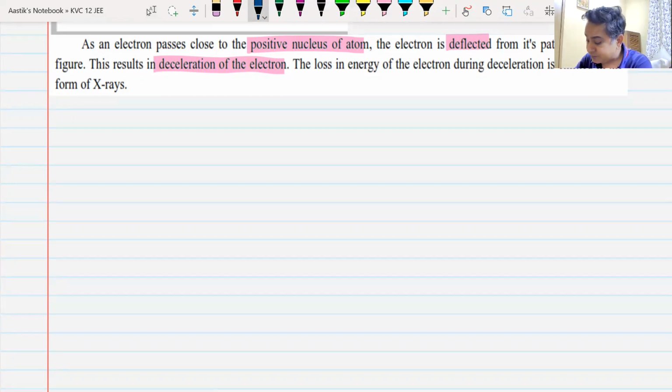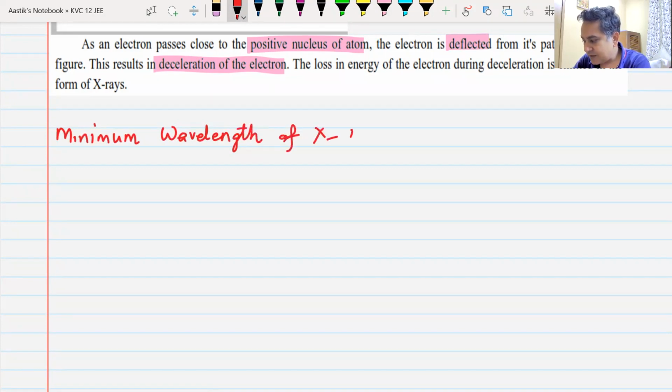So we can write minimum wavelength of X-rays. What is the minimum wavelength of X-rays which are emitted in this case? The minimum wavelength will be emitted when it loses all of its energy. Do we understand this?